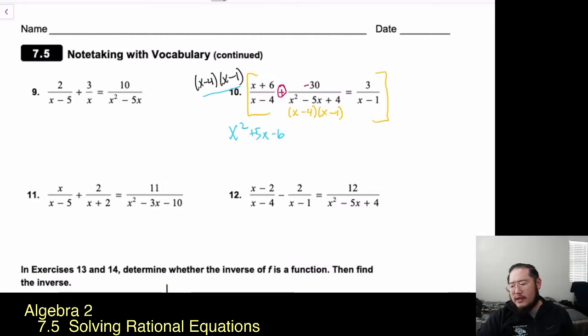X minus 4, x minus 1, that'll cancel out with the denominator right here. And so what I'm left with is now minus 30. Okay, because everything canceled out with our LCD, or our lowest common denominator. And then finally, for the last one, the x minus 1 cancels. And so now I have 3 times x minus 4, which is going to be 3x minus 12.